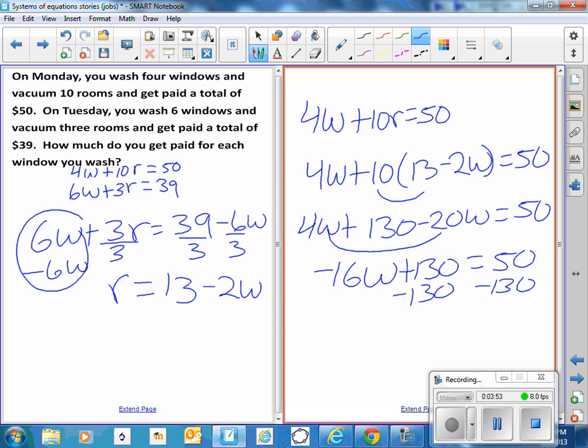So 50 minus 130 is negative 80, and 130 minus 130 is 0. So negative 16 times whatever I get paid for a window is equal to negative $80.